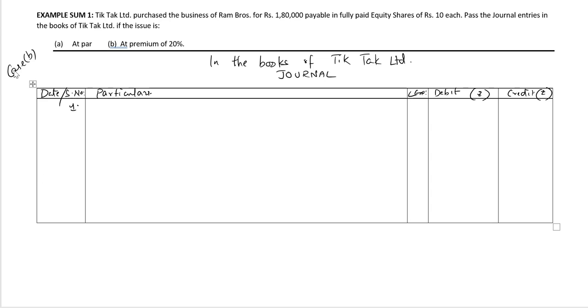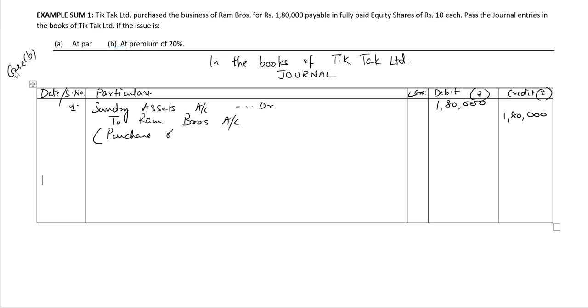The first entry is for the purchase of business of Ram Brothers: sundry assets account debit 1,80,000 rupees to Ram Brothers account, amount payable 1,80,000 rupees, for purchase of business.